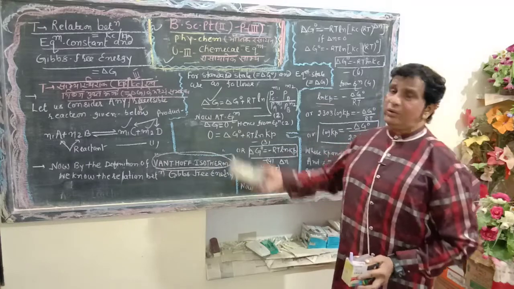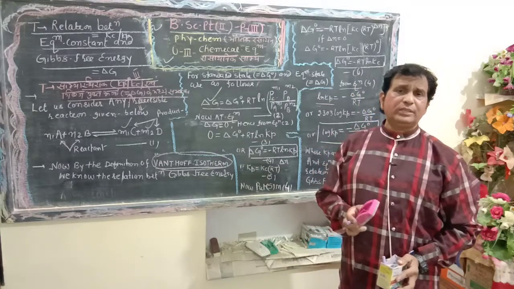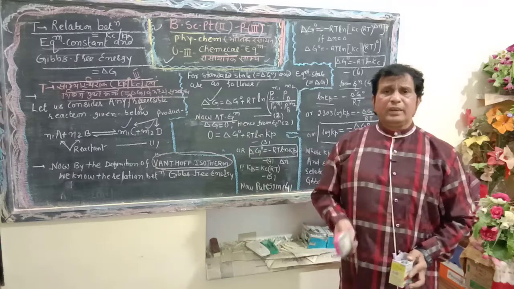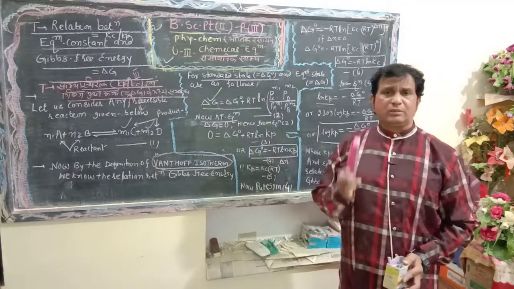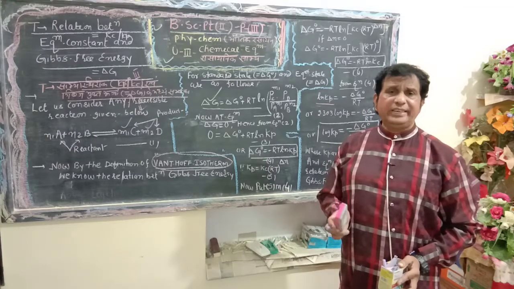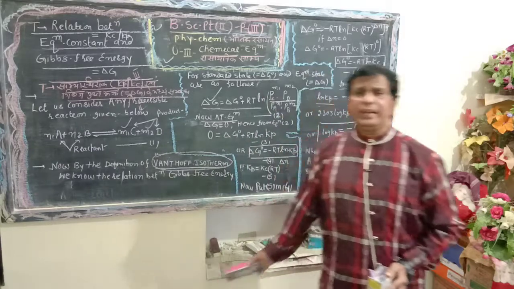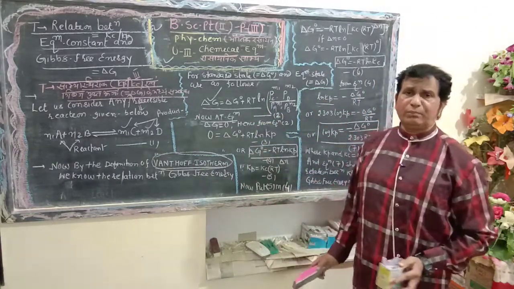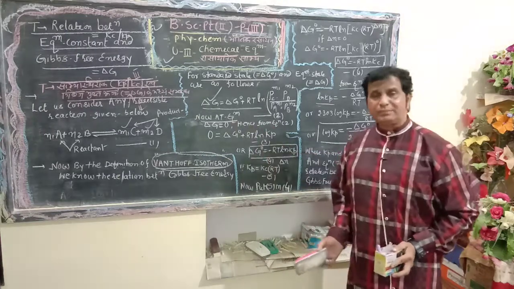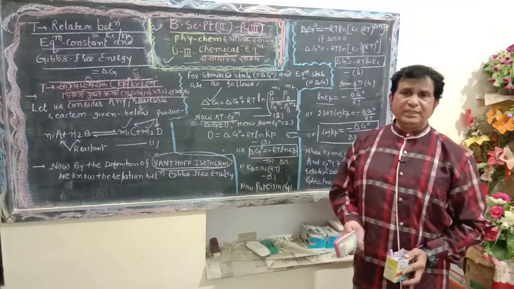The del G naught is the Gibbs free energy in the standard state, which reflects the summation of the moles of products and reactants, their addition and subtraction.